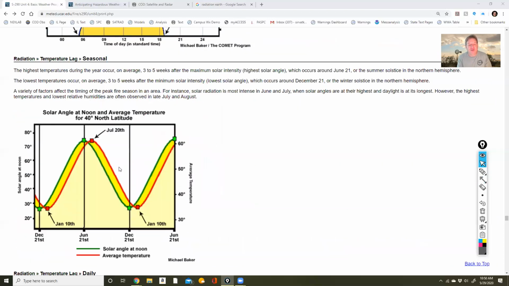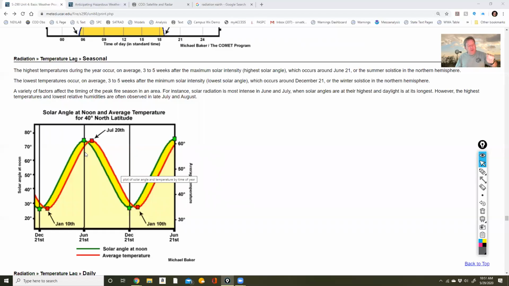Now, the same is true in terms of seasons. The day that we receive the most incoming radiation, the sun is most direct overhead, it's the longest day of the year, that's the summer solstice, June 21st. But mid-July, about a month later, is the warmest time. Why?